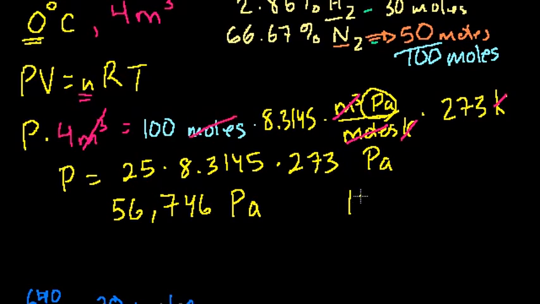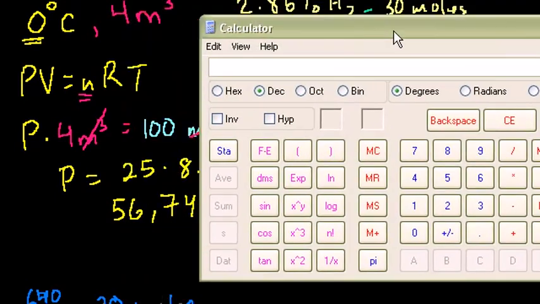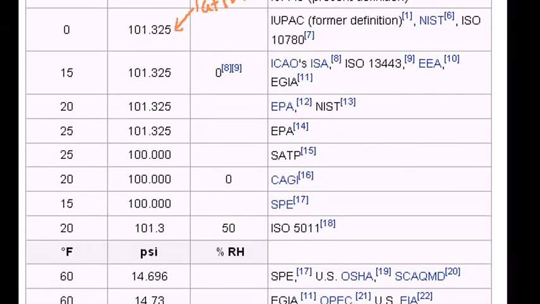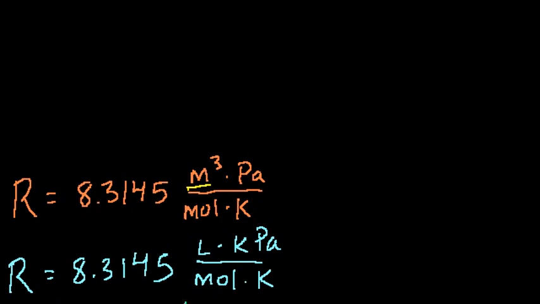It actually turns out that 101,325 pascals, or 101,300, is equal to 1 atmosphere. So if we want to figure out how many atmospheres this is, we could just divide that by that large number. I think that's right. Let me look it up on this table. Is it 101? Yep, 101,325.